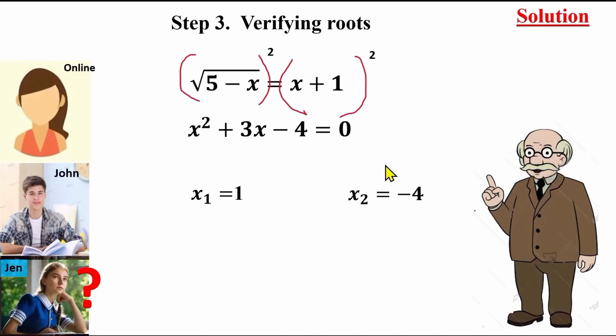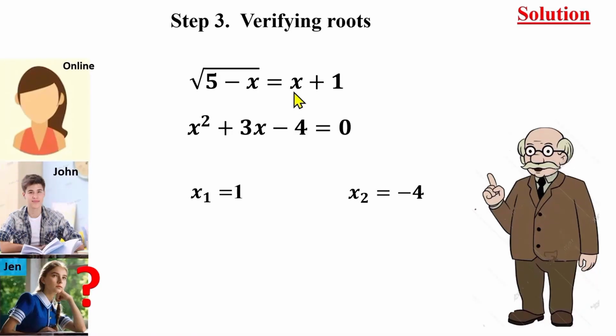But the domain of the new equation is different from the domain which we had before. Let's consider this. Now we have, in the right-hand side, just x plus 1, and this x plus 1 can be positive and negative.